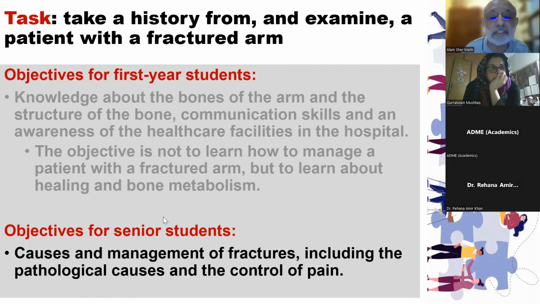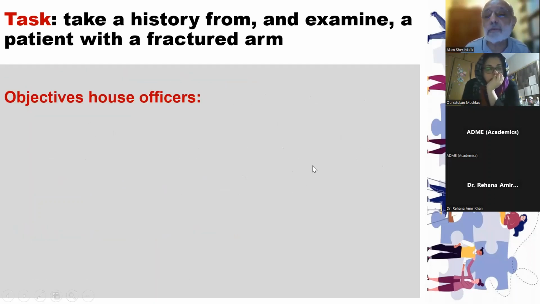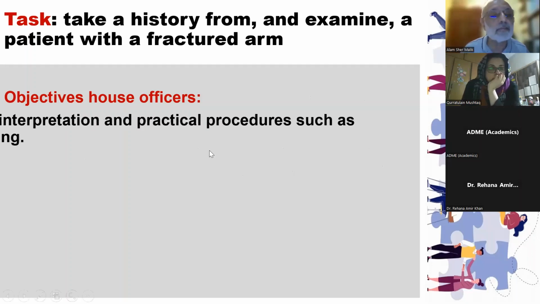Like here, causes and management of fractures, including the pathological causes, and control of pain. If the same task is given to a house officer, the learning outcomes become even more different.